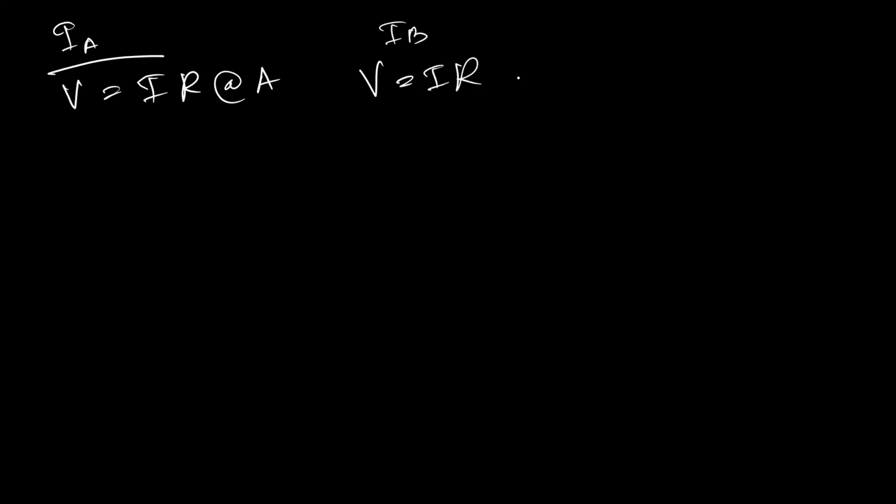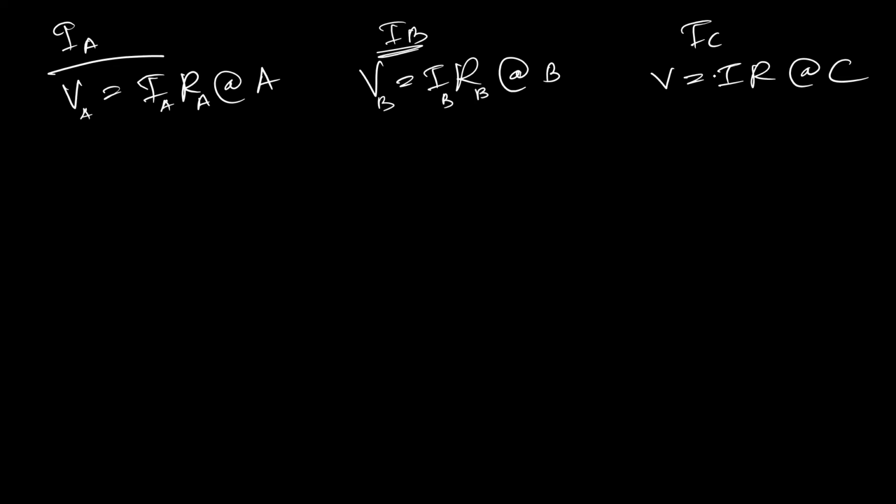To find IA, I have to use V equals IR at A. Then to find IB, I have to use V equals IR at B. To find IC, I have to use V equals IR at C. So I can put VA, IA, RA, VB, IB, RB, VC, IC, RC.